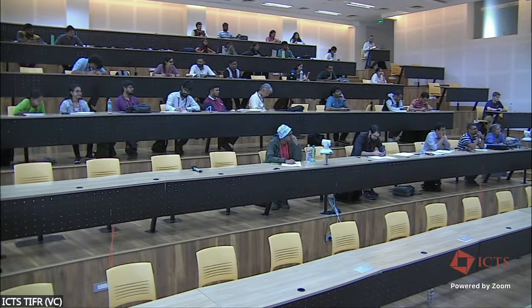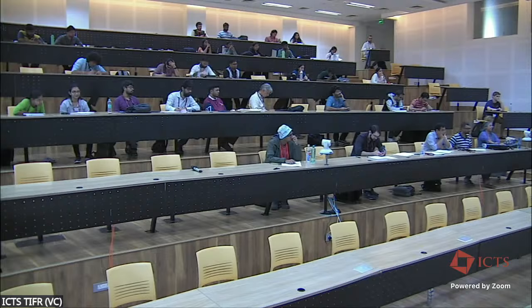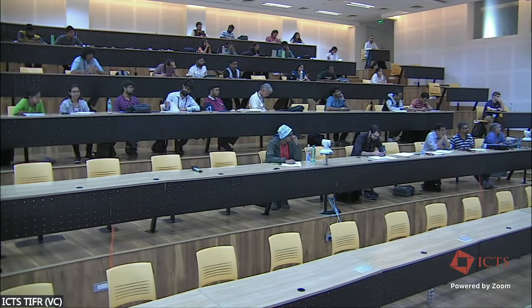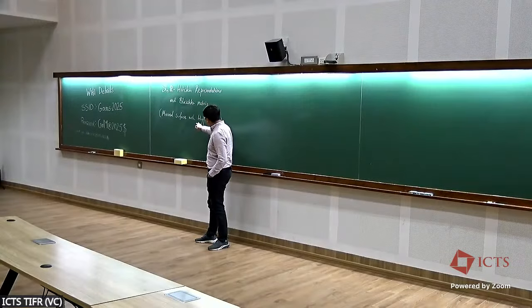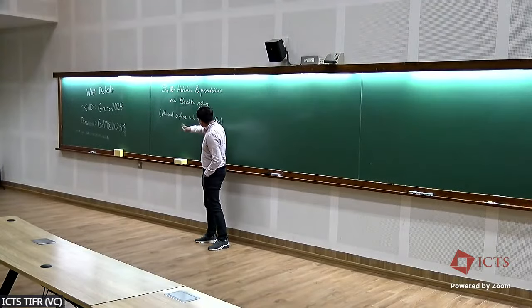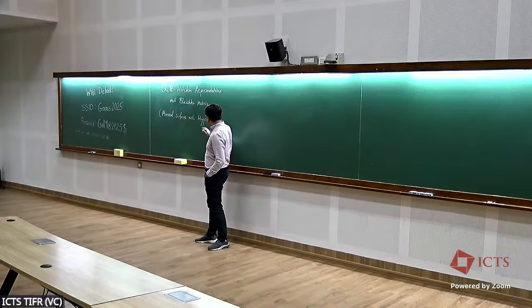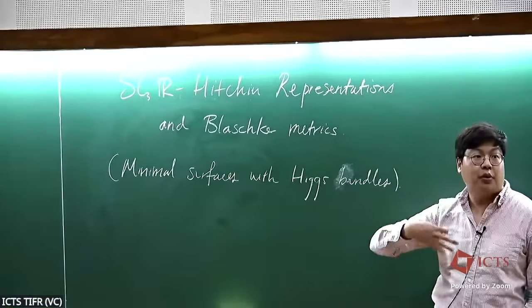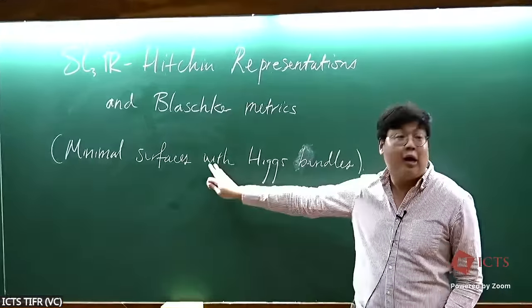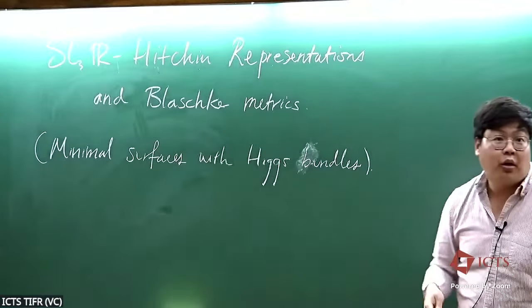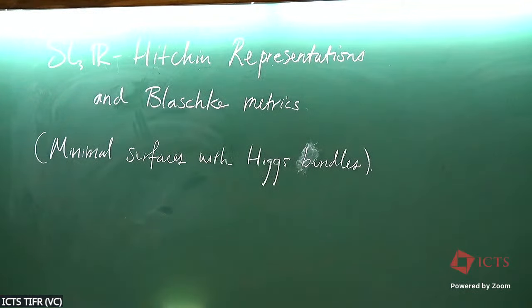So today I'm giving two lectures, one today and one tomorrow, and I have this kind of cute title: minimal surfaces with and without Higgs bundles. Today I'll talk about one of the cases that Franz alluded to, where you have a Higgs bundle. These will be minimal surfaces in non-compact symmetric spaces. Tomorrow it will be without Higgs bundles, which will be more compact symmetric spaces.